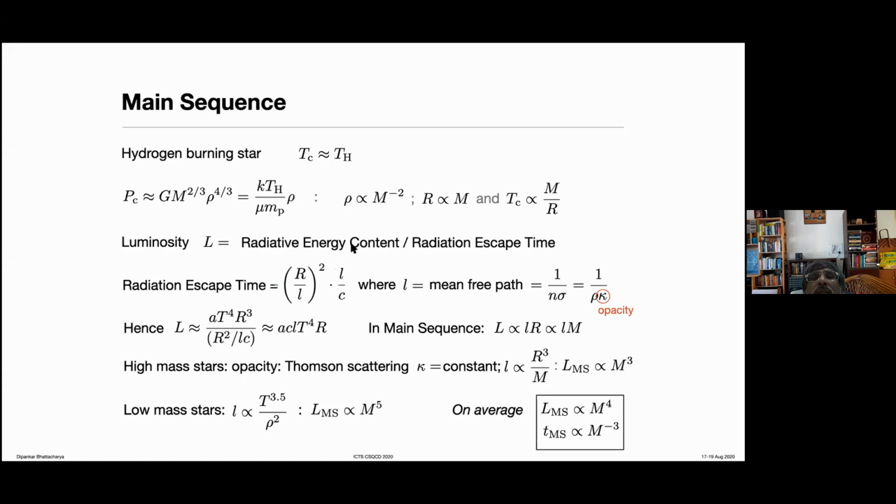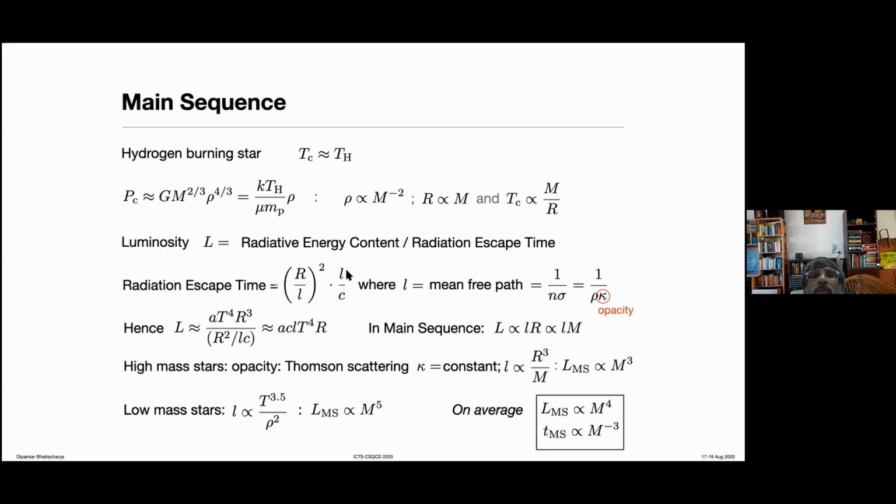So you need to divide this total radiative energy content of the whole star by the radiation escape time. So total radiative energy content is the thermal energy plus radiative energy, divided by the radiation escape time. The radiation escape time is basically the number of mean free paths that a photon will travel, times the time required to travel through each of these mean free paths, the product of that.